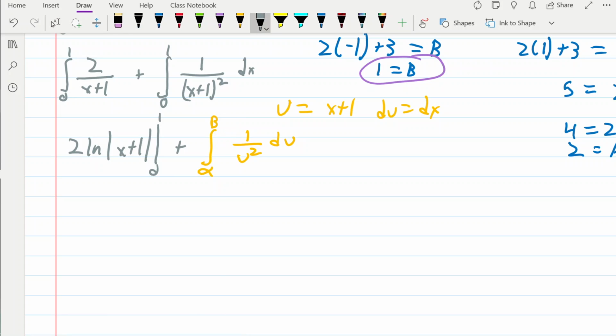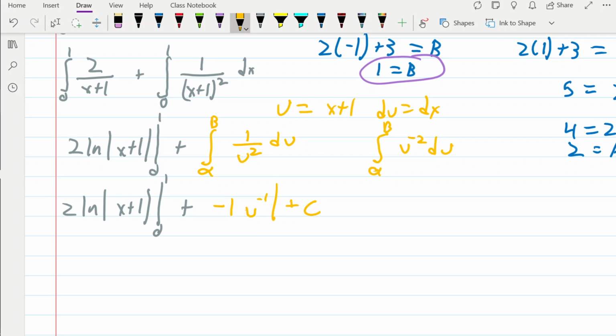Okay, so we're going to have 2 ln (x plus 1) from 0 to 1 plus, so then we can now integrate this. This can also be written as the integral from alpha to beta of u to the negative 2 du. So this is going to be plus u to the negative first power over negative 1, plus c.